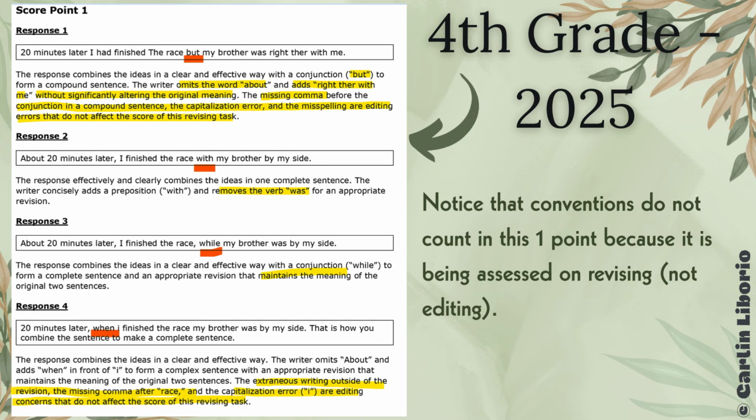It says the missing comma before the conjunction in a compound sentence and the capitalization error and the misspelling are editing errors that do not affect the score of this revising task. So even when they're combining sentences, what they are looking for is that they have the correct conjunction. There's many possibilities, and that they don't change the meaning, and that it makes sense.